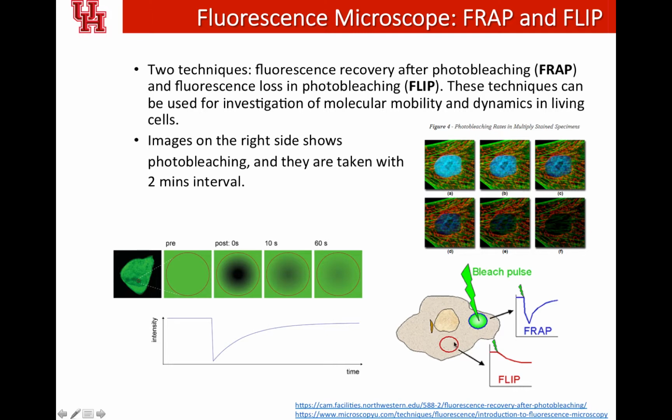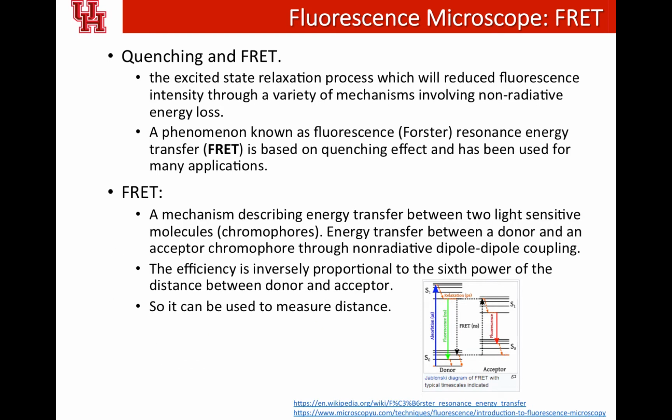The fluorescent molecules in this region diffuse to the depleted region, and that causes this intensity decrease. So that's called FLIP. Both methods can be used to study molecular dynamics and mobility. So that's a really good example: a problem can be utilized to develop new applications based on it.